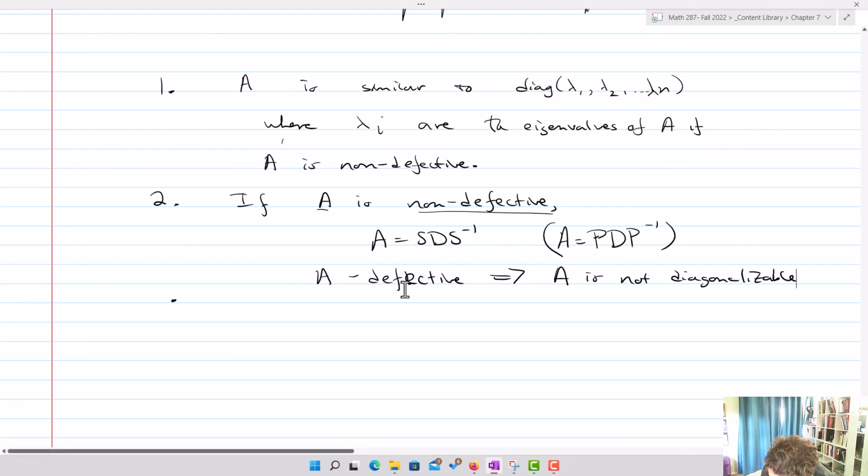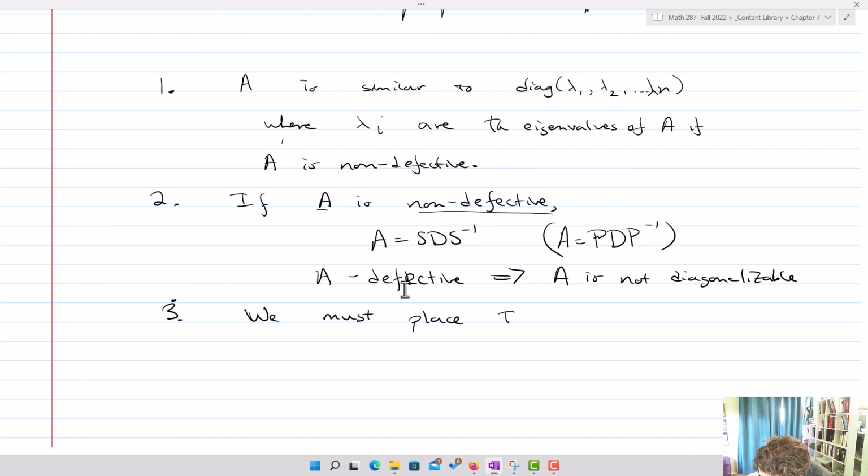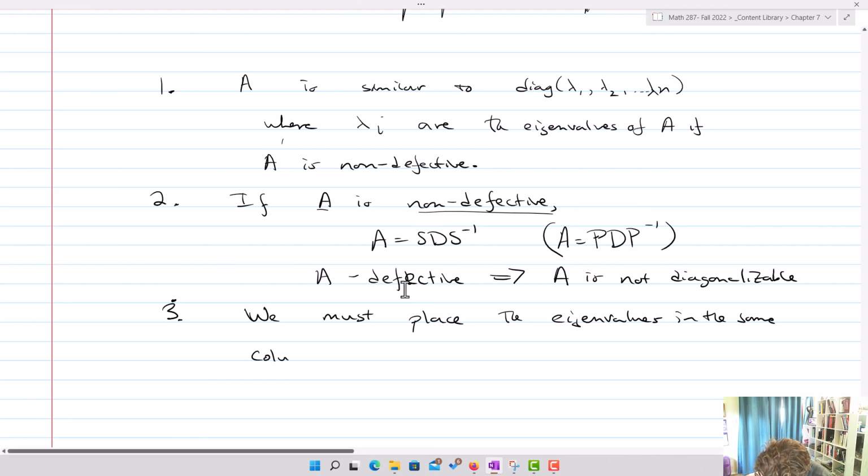And then 3, we must place the eigenvalues in the same columns as their associated eigenvectors. And that is the third part there.